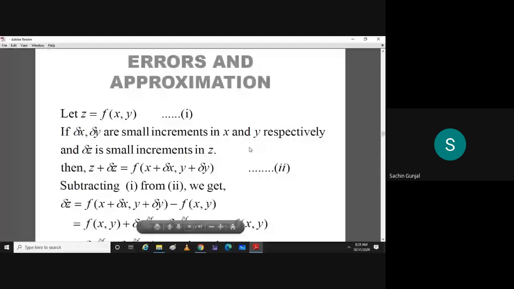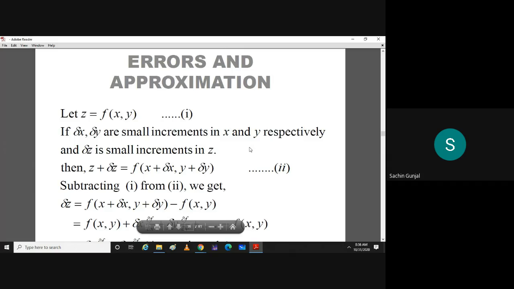So let us quickly recall what we did last time. We have finished with functional dependence using Jacobian. Two or three functions u, v, w are functionally dependent if there exists a relation between them. Not only linear, it can be a non-linear relation.